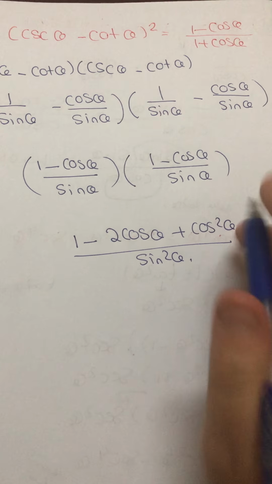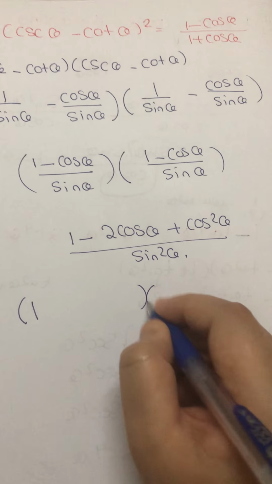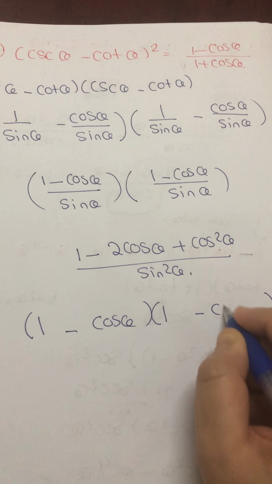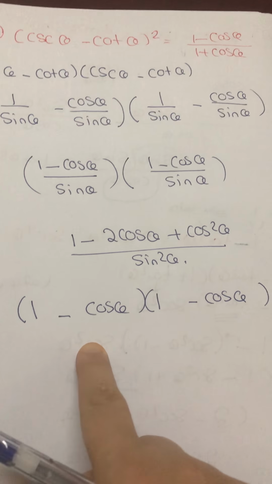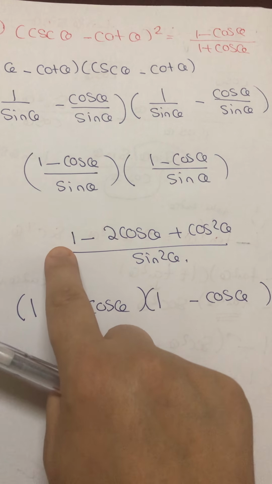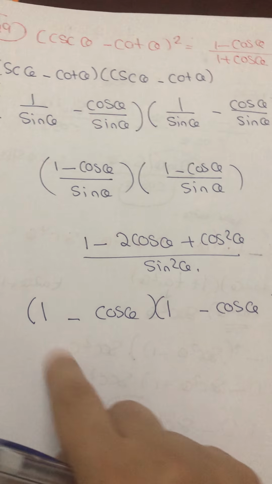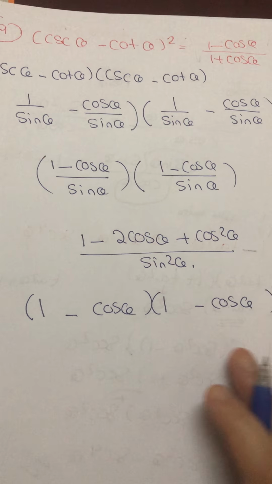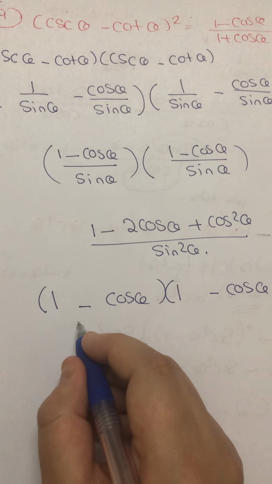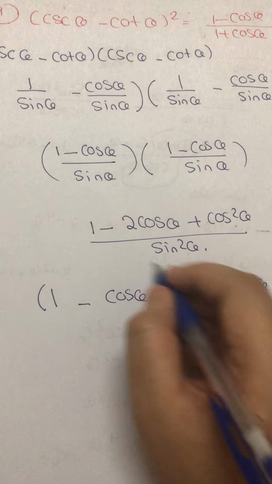Let's work on this, make it 2 brackets. One bracket will be 1 and 1 minus cosine theta minus cosine theta. If I multiply minus cosine theta by minus cosine theta, I'm gonna get cosine squared theta. 1 by 1, I'm gonna get 1 minus cosine theta. Minus cosine theta is minus 2 cosine theta, so we're good and everything is right. Okay, all over sine squared theta.